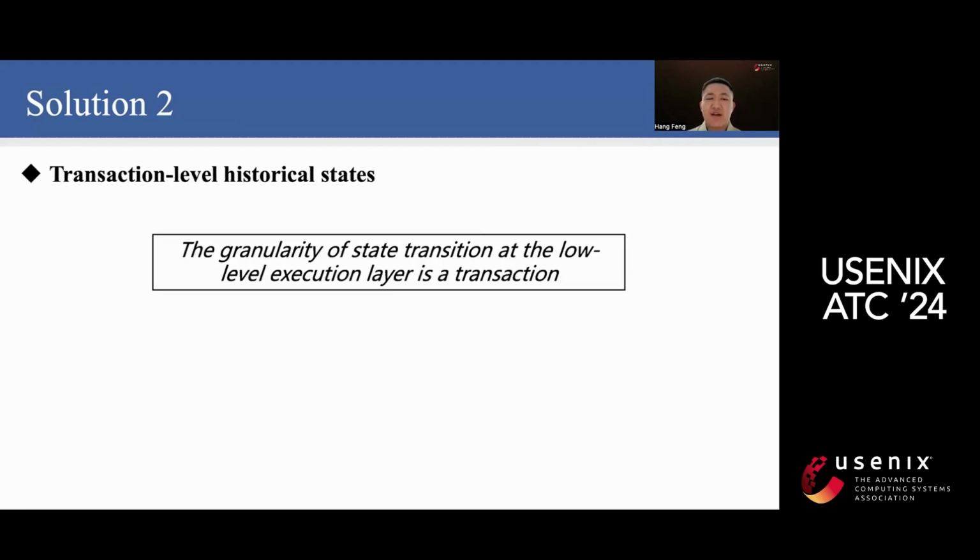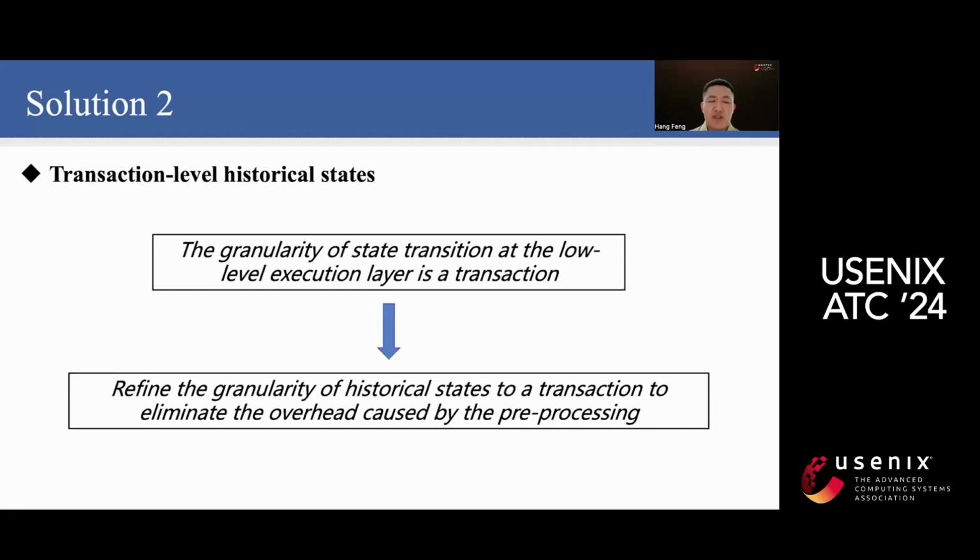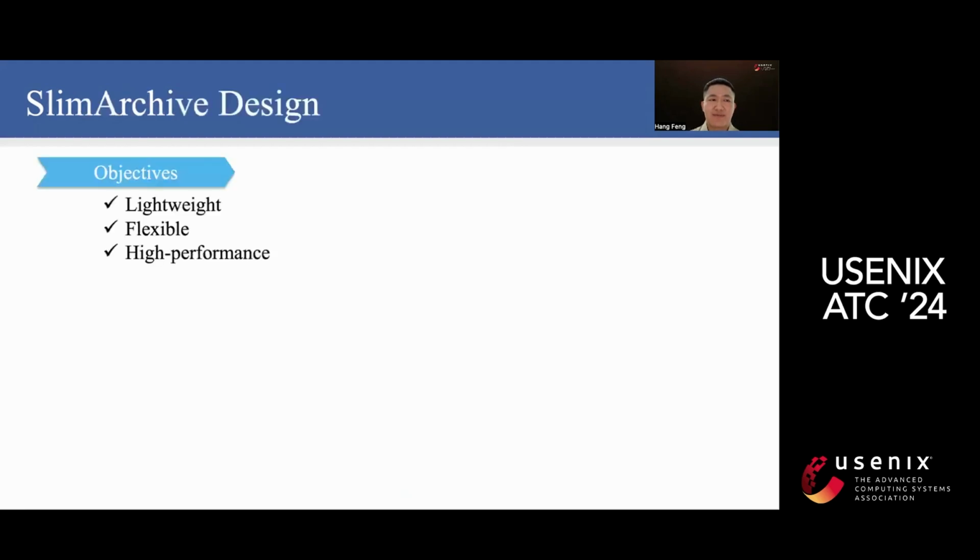Thus, the granularity of state transition at the low-level execution layer is a transaction. Consequently, we could refine the granularity of historical states to a transaction to eliminate the overhead caused by the preprocessing.